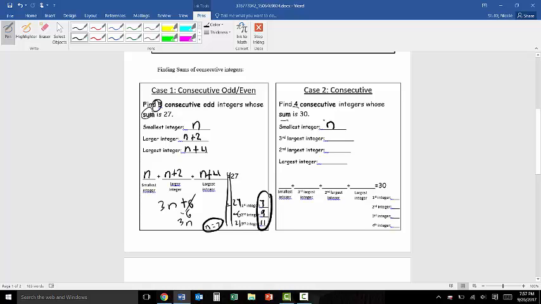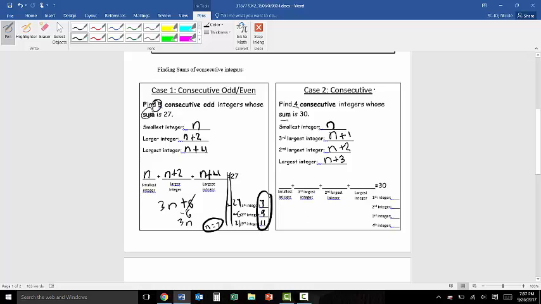Then your next integer will be 1 more than that. And then your next integer will be 1 more than that, so it will become n plus 2. And finally, your last one will be 1 more than that.